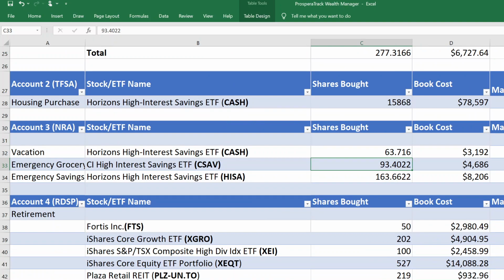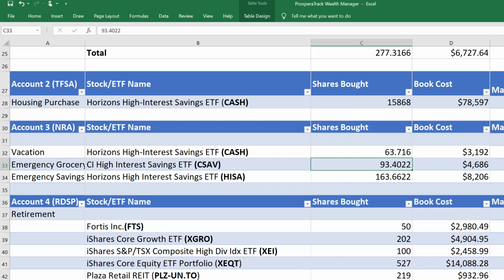Again, I'm expecting distribution for that one as well. Oh, actually, never mind. This one has been distributed back to me. So there's no issue here. The value of it has been redistributed back to me.